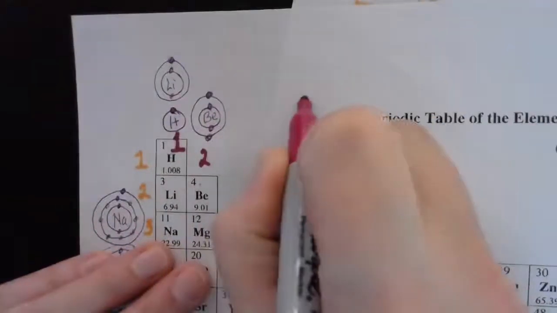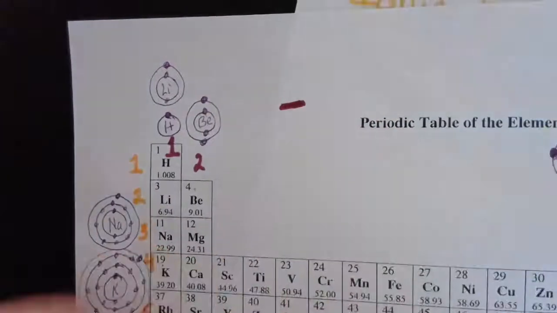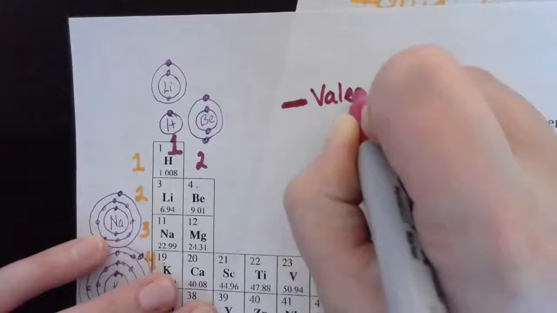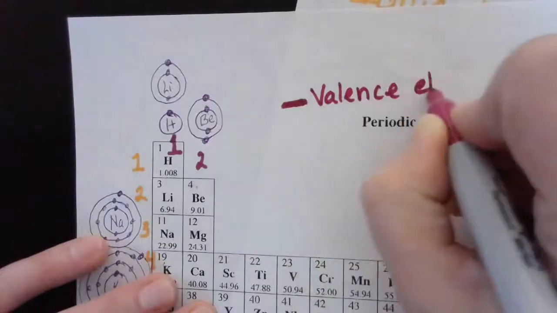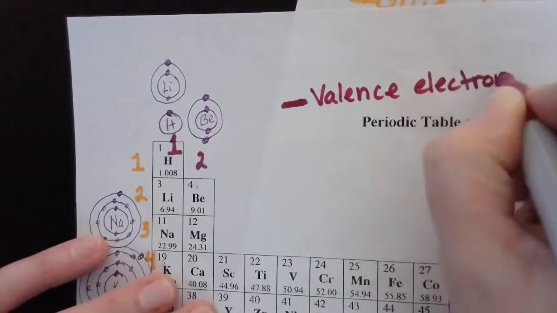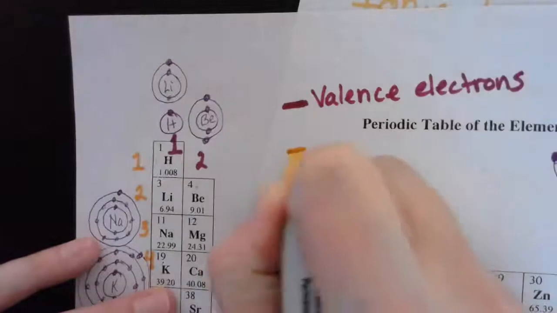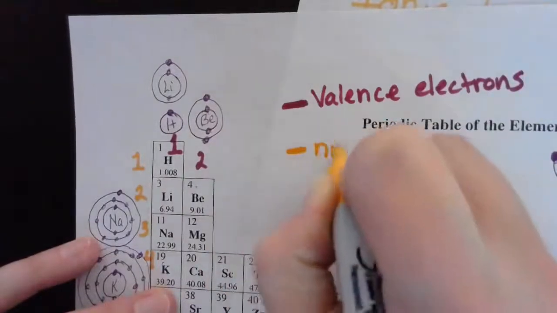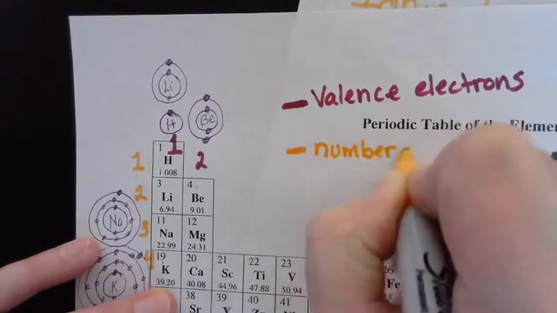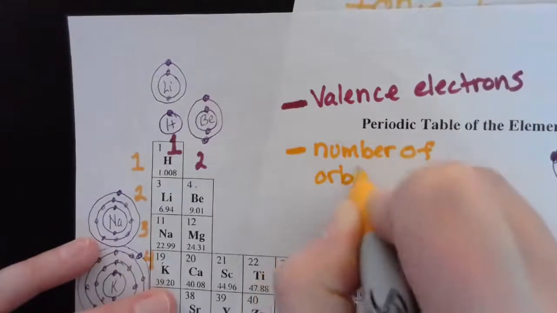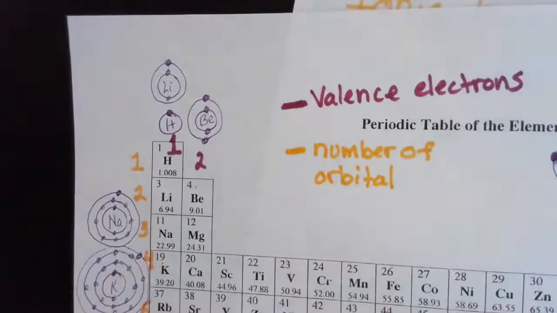The columns show you valence electrons. The rows across show you the number of orbitals or energy shells.